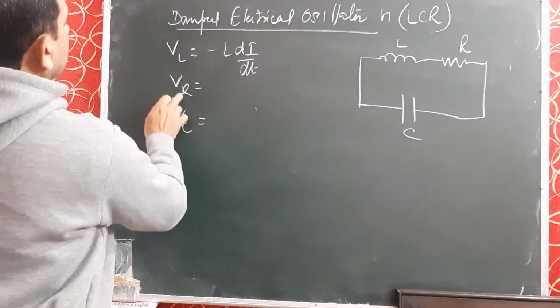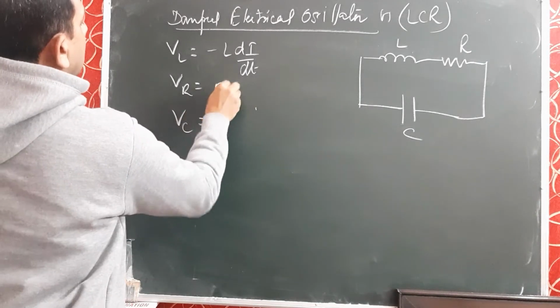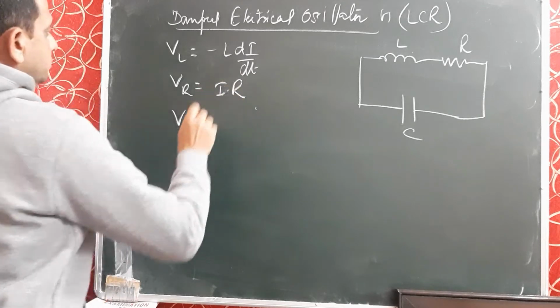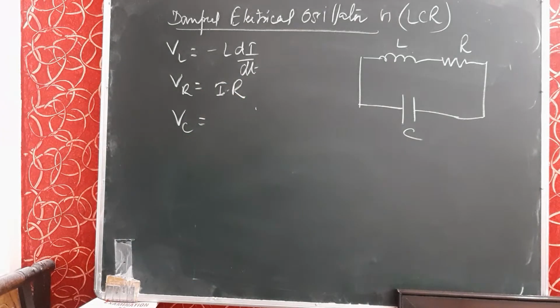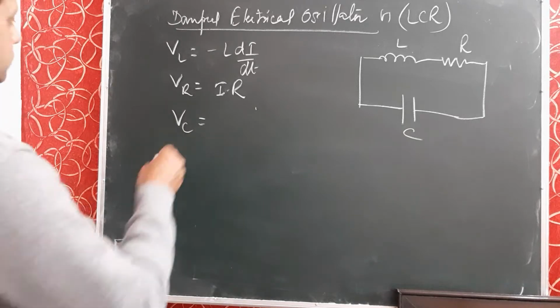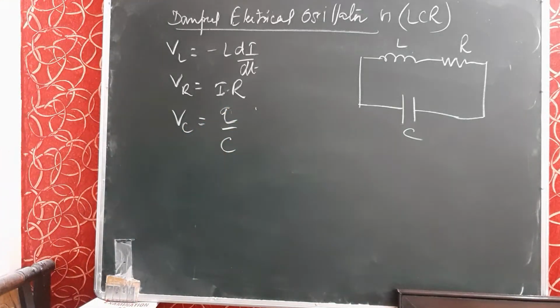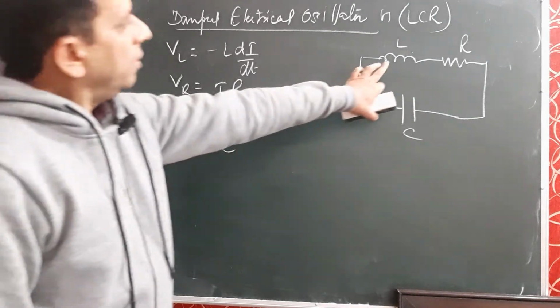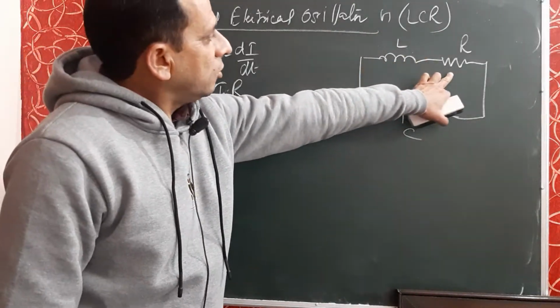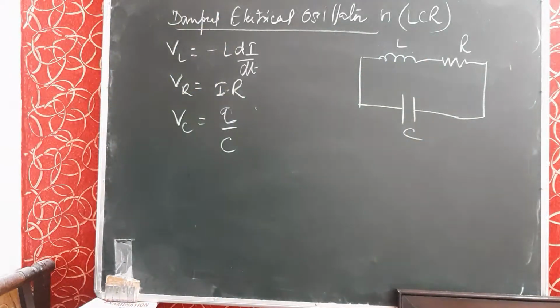And VR, the voltage across the resistor, is IR, from Ohm's law, V is equal to IR. And VC, the voltage across the capacitor, is Q by C. So there are three types of voltages: across L, across R and across C.